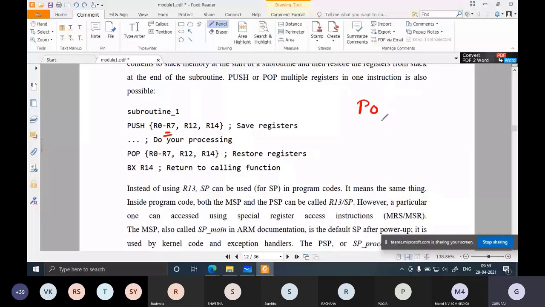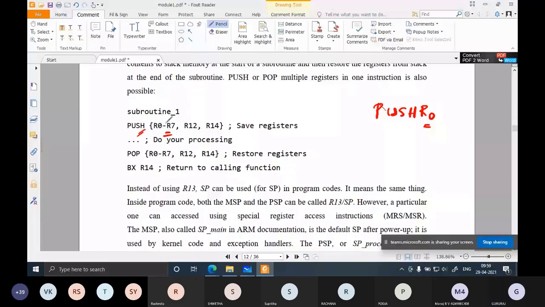Let's say you do push R0. Here you are only pushing one register in this operation. But you can see in this example that Cortex M3 supports multiple store using push. You are actually storing using a single push instruction.